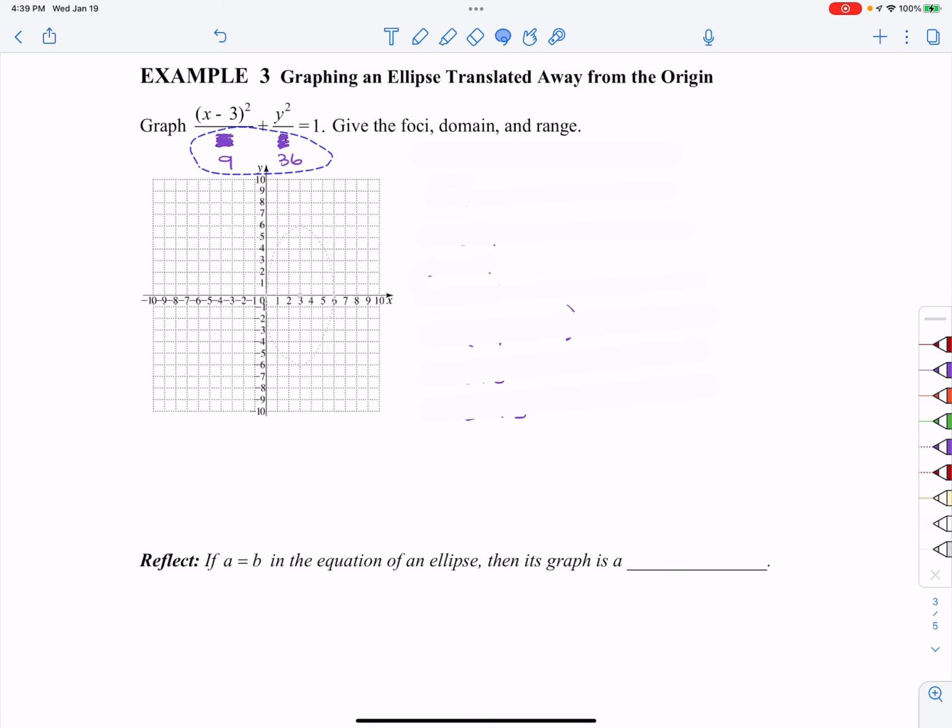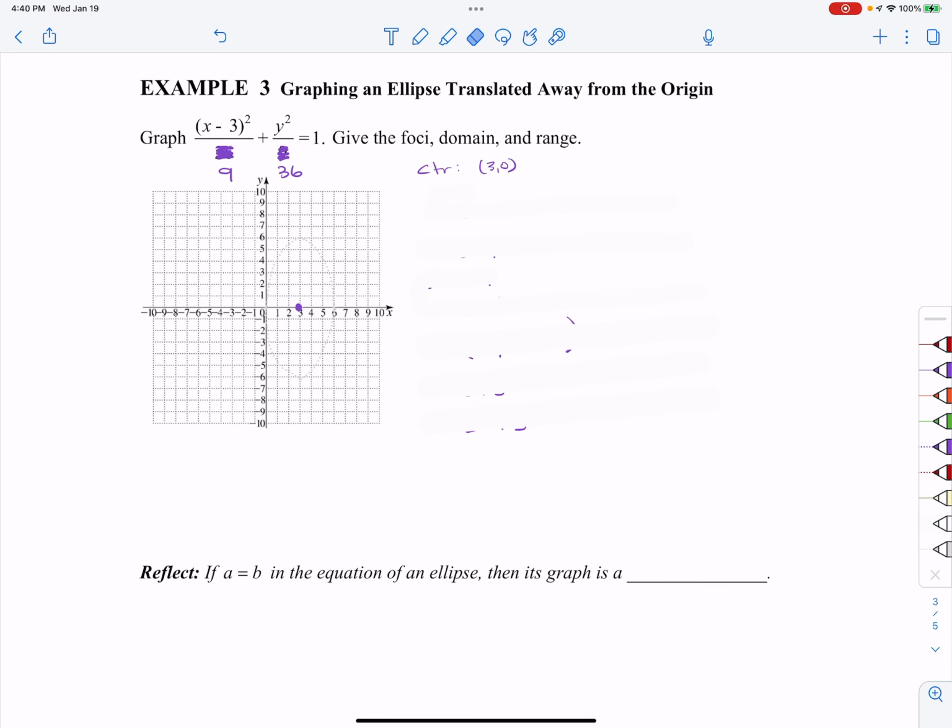Okay, so the first thing that I can see is that my center is going to occur at 3, 0, because my H is 3 and my K is 0. So my center is at 3, 0. So we can go ahead then and draw 3, 0. My A value is 6, my B value is 3.